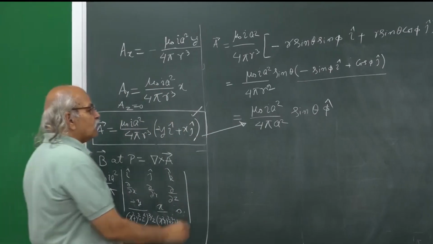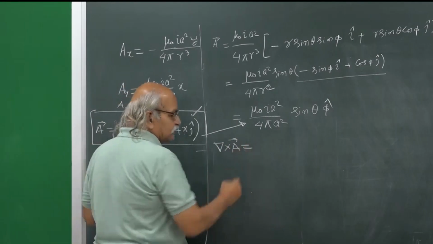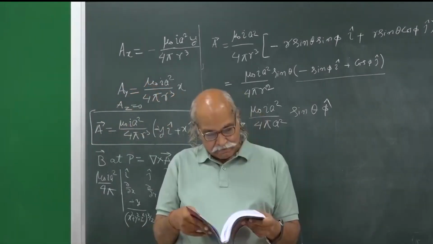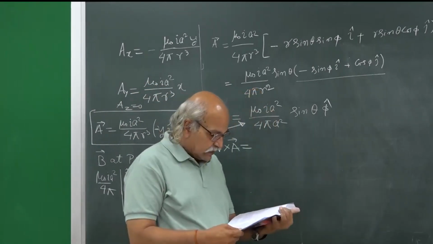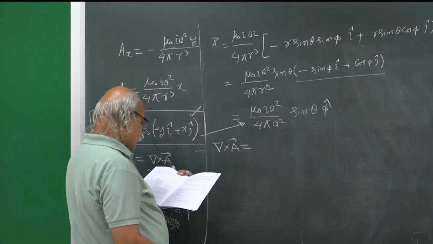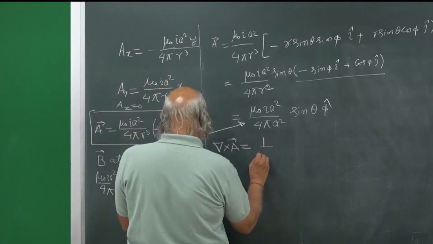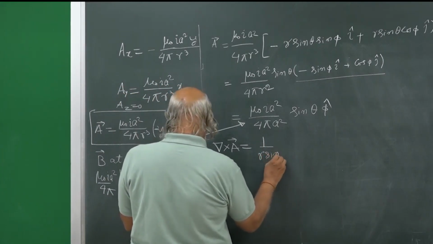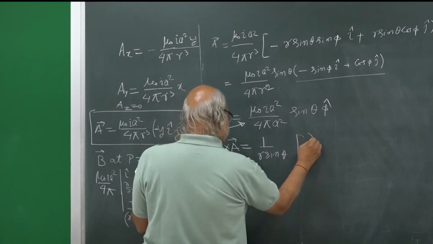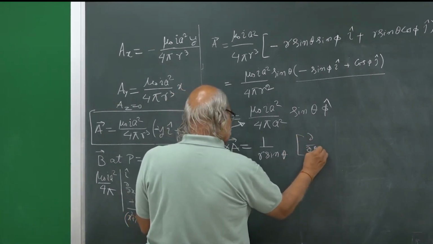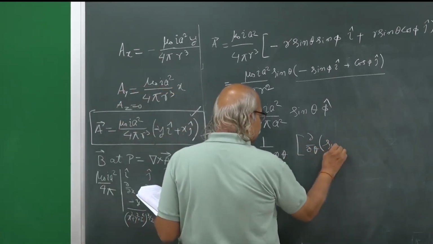Now, if you do curl of A using the spherical polar coordinates, let me write the expression for the curl of a vector function. For spherical coordinates, curl of A is equal to 1 by r sin theta, del theta of sin theta A phi, minus del A theta by del phi.